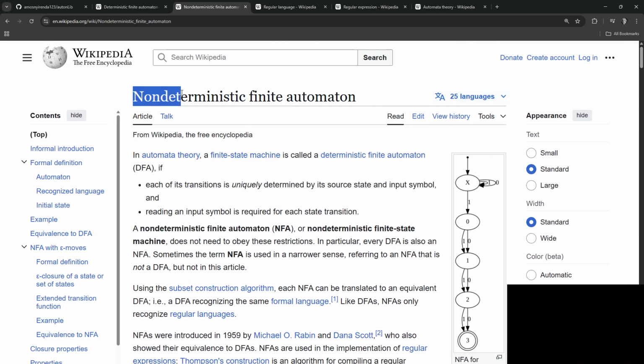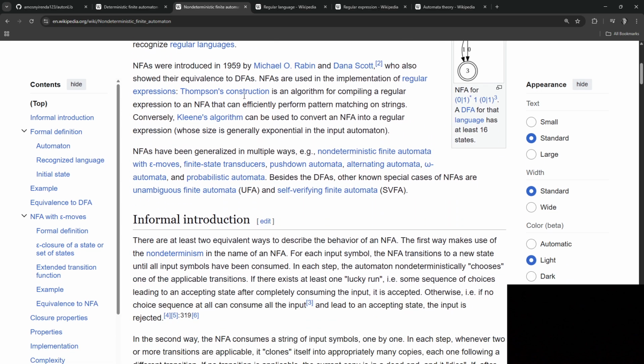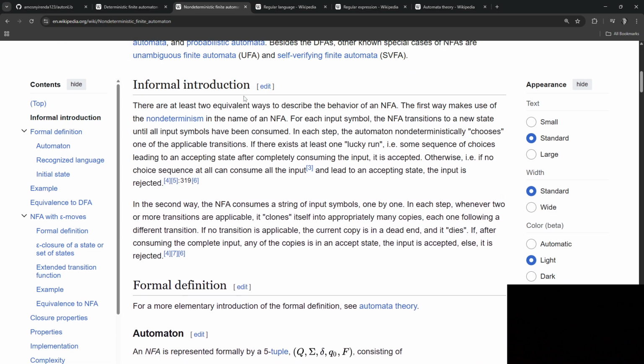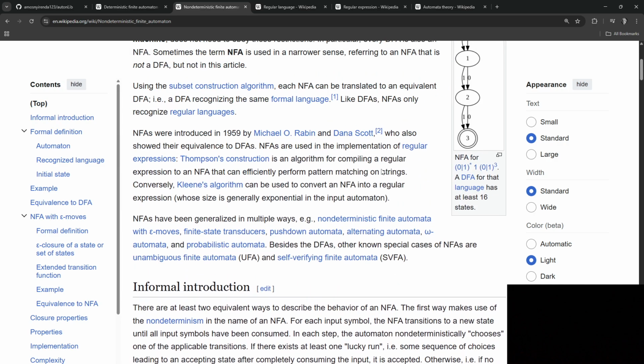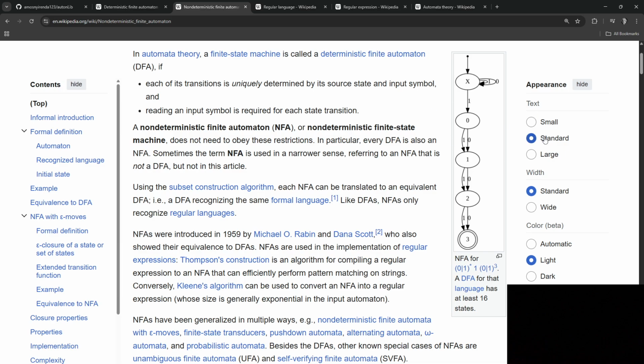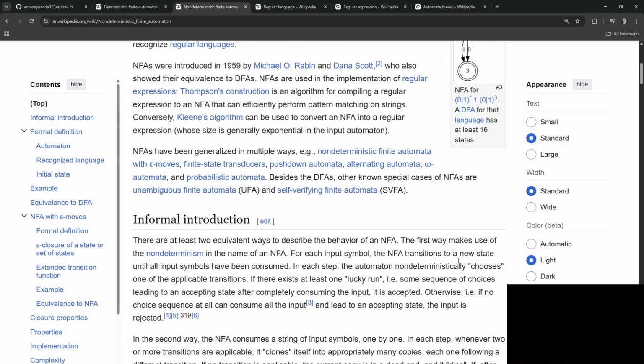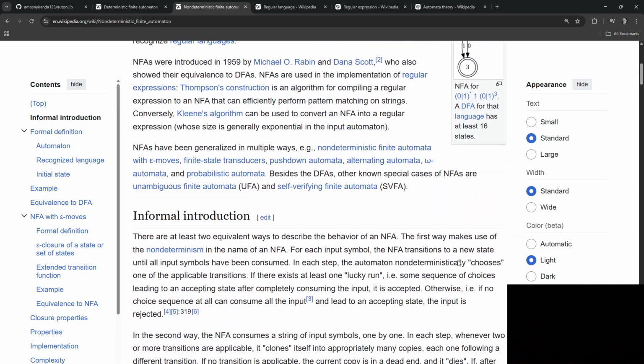It's non-deterministic because it violates what I explained about the deterministic version, having for every state and every outgoing transition a unique symbol going to another state. So it basically violates that, right?